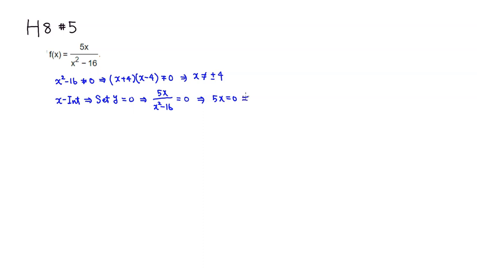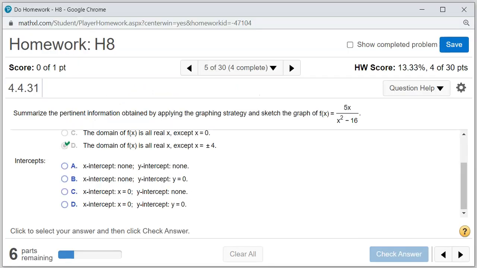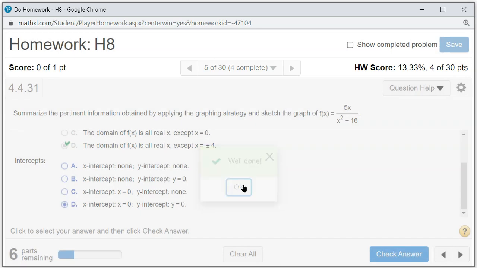So we divide through by 5 to get x equals 0. The x-intercept is 0. For the y-intercept, we set x equal to 0, and if you plug in 0, the whole function is 0. So the x-intercept is 0 and the y-intercept is 0. So D is the right answer.